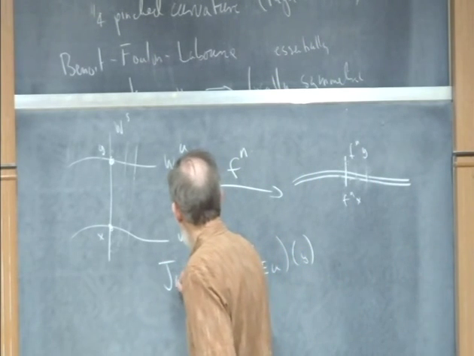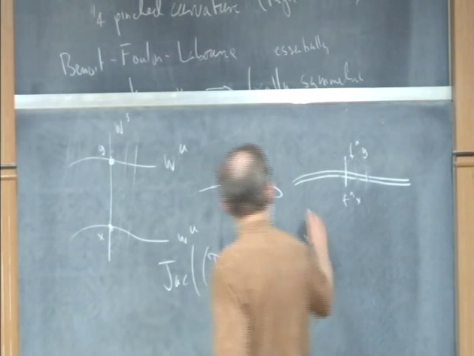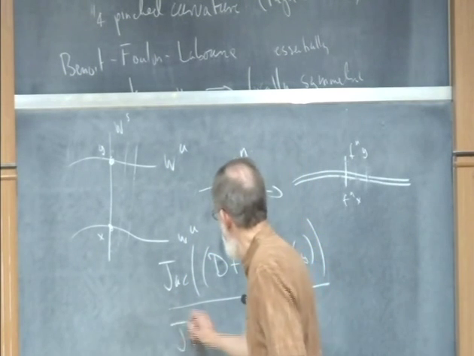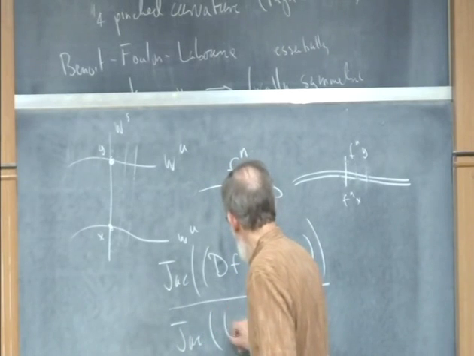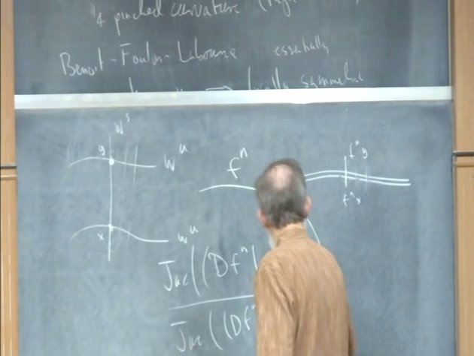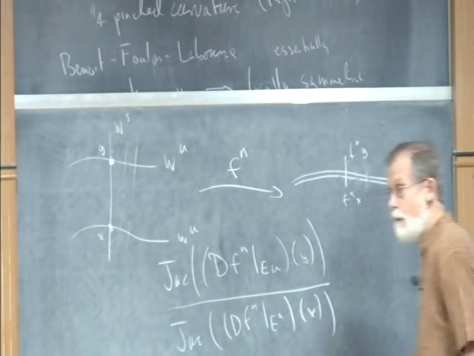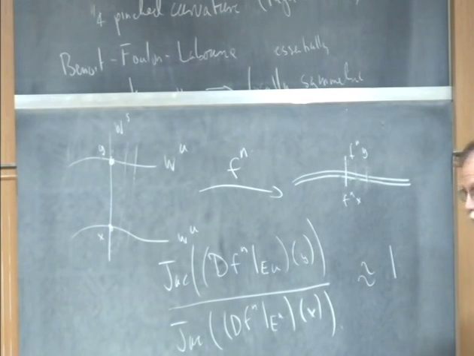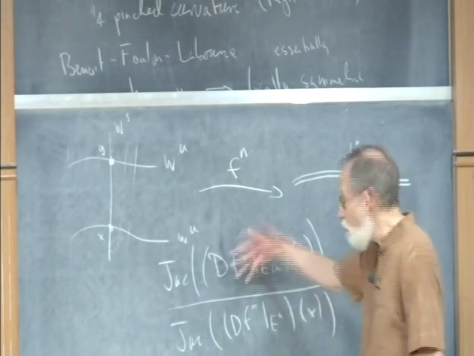So maybe I call that the Jacobian of it, and then I want to divide that by the corresponding number at x, and this should be approximately equal to 1. That is really the central miracle in the whole business.